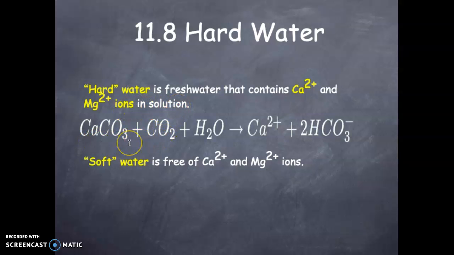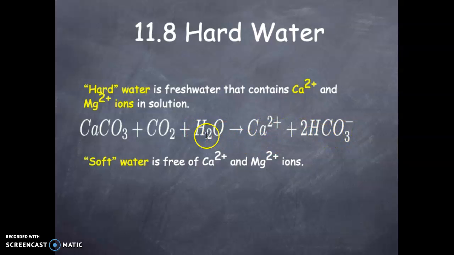Here's a case. If calcium carbonate gets mixed with carbon dioxide and water, it will generate this calcium ion, calcium 2 plus, and the bicarbonate ion.